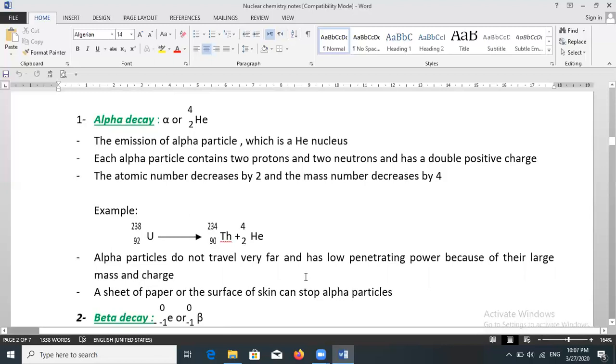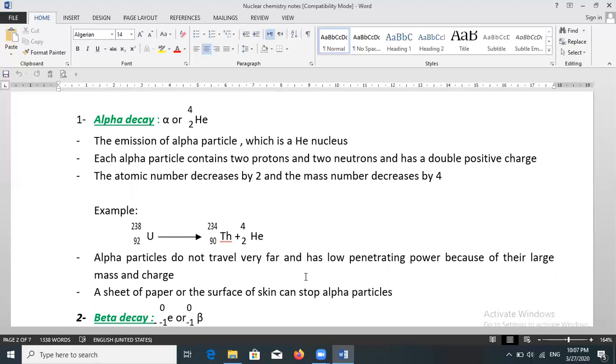Okay, let me tell you something very important so you can understand the rest of the radiations regarding penetration power. If something has high penetration power, it has no mass and no charge.